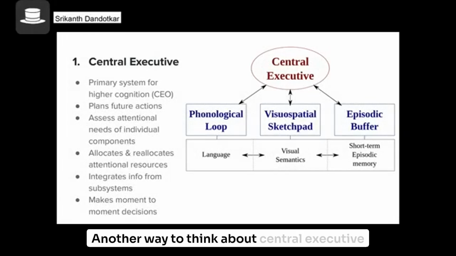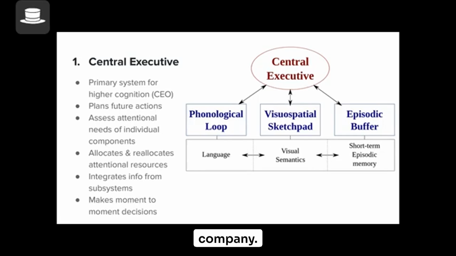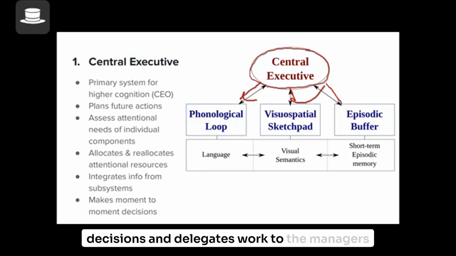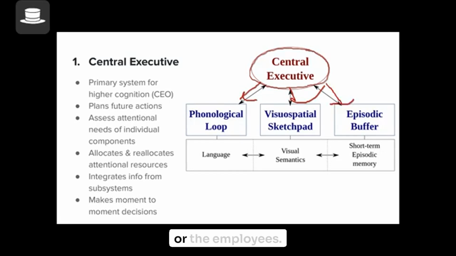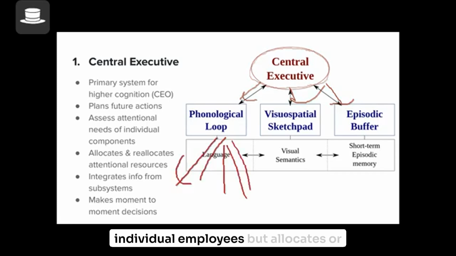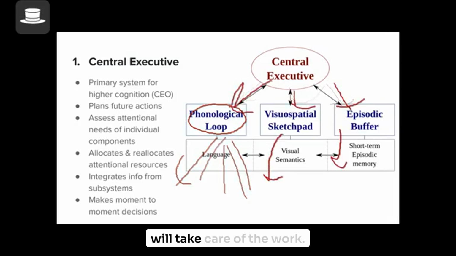Another way to think about the central executive is to think about it as the CEO of a large company. Now, the CEO doesn't work. He makes important decisions and delegates work to the managers or the employees. He doesn't even look at the work of individual employees, but delegates work to the managers, who in turn will take care of the work.